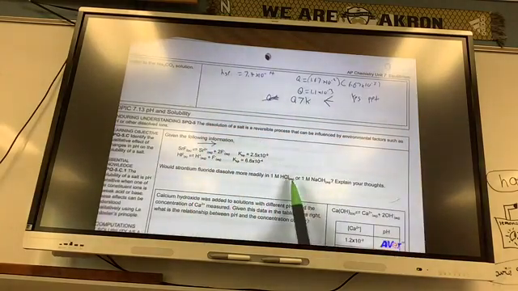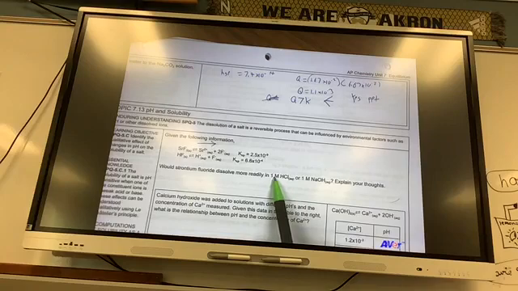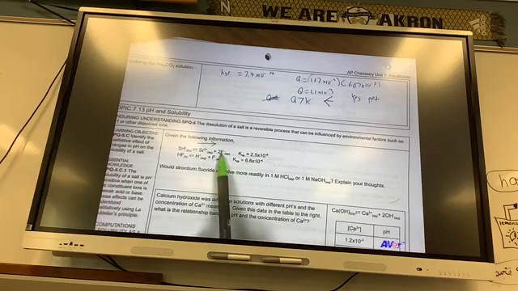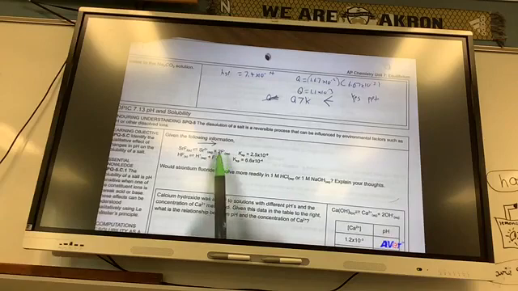So if I add in HCl to strontium fluoride, the hydrogen is going to react with the F, which is going to take away reactant, which is going to shift it to the right.